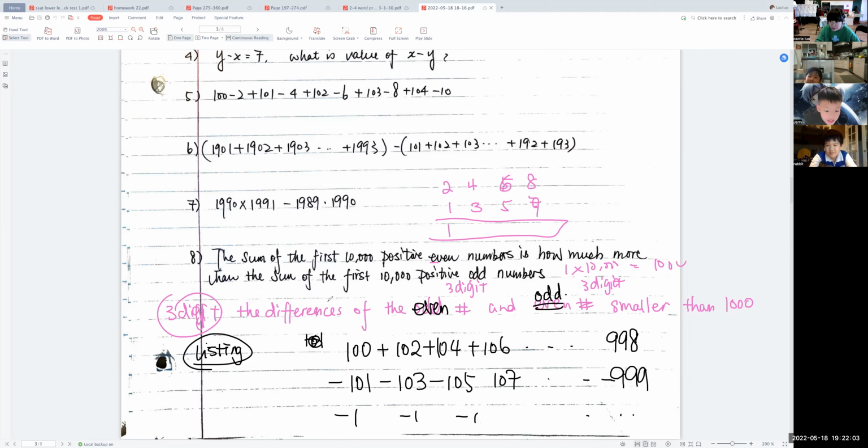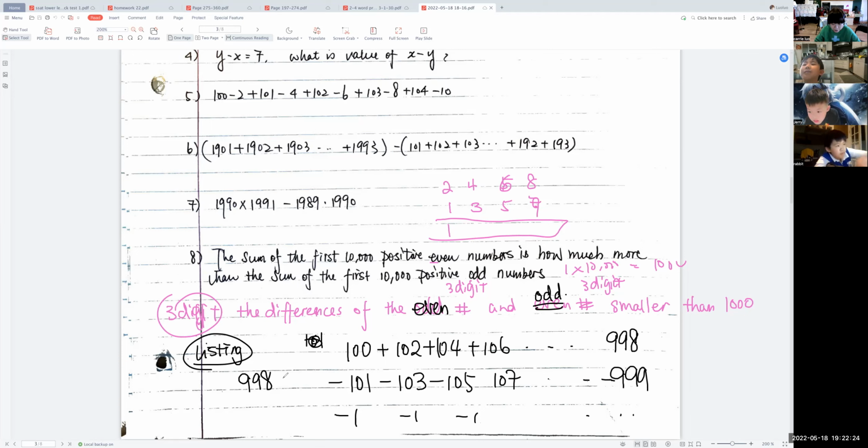Tell me, don't be afraid, you say. How many numbers are there? How many negative ones are there? 450. 450. Why?